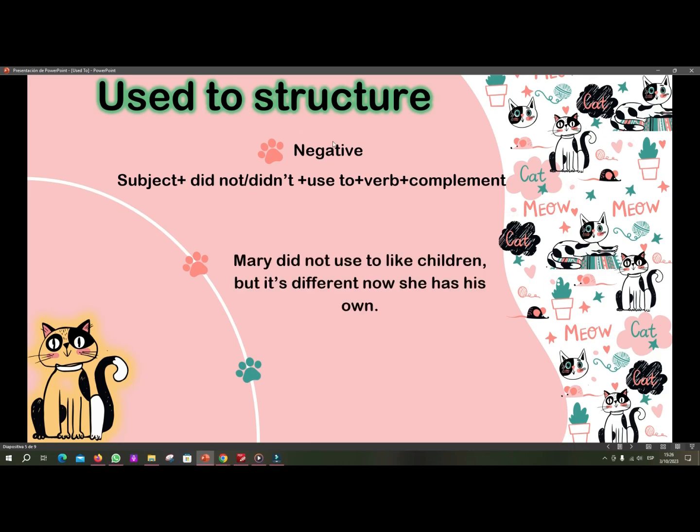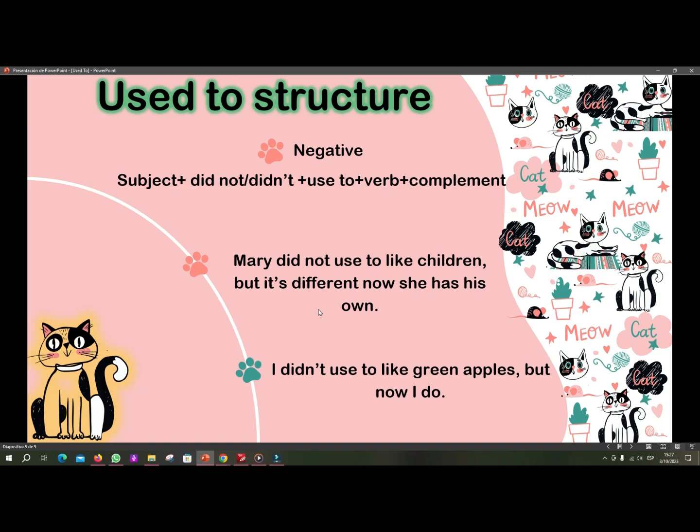For example, Mary did not used to like children, but it's different now. She has his own. Oh, this is a mistake here, right? Different now, she has her own, right? Because we are talking about Mary in this case, right? So if you notice Mary, that'll be the subject, and also did plus not used in the base form, and the main verb also in the base form, complement.